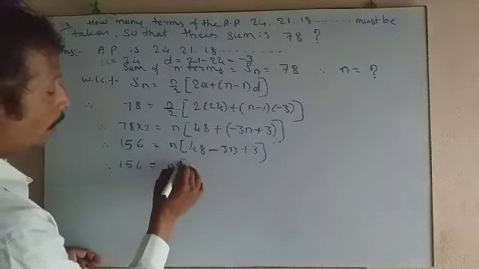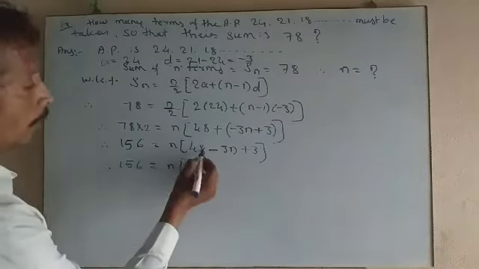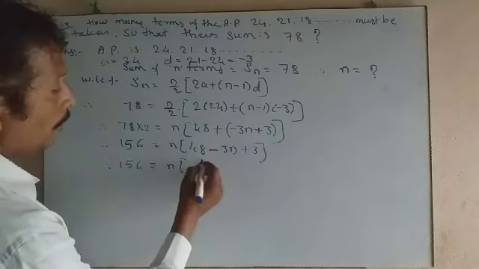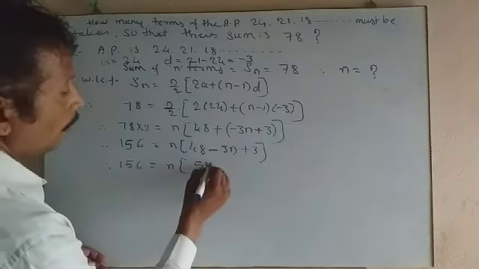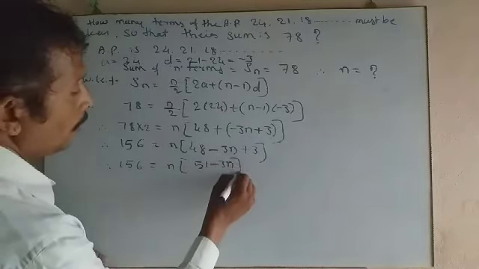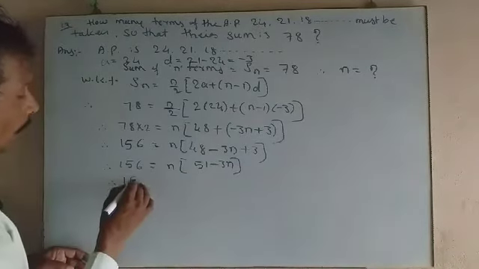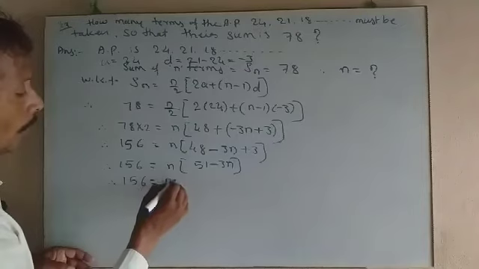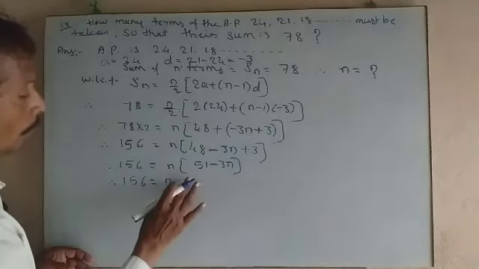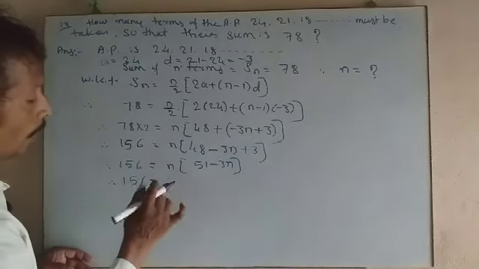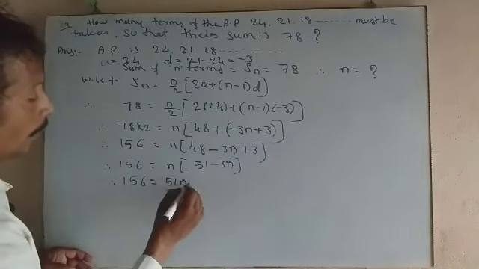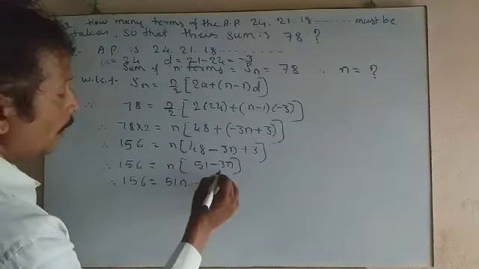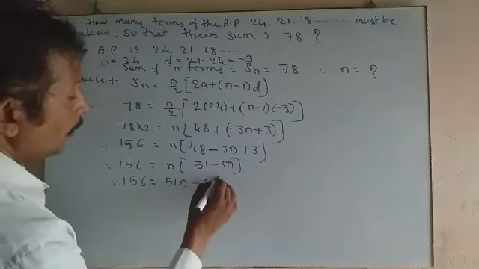Take one more step. 48 plus 3 is 51. 51 minus 3n. Therefore, 156 is equal to n into bracket, multiply 51 with n. It is 51n minus n into 3n is 3n square.